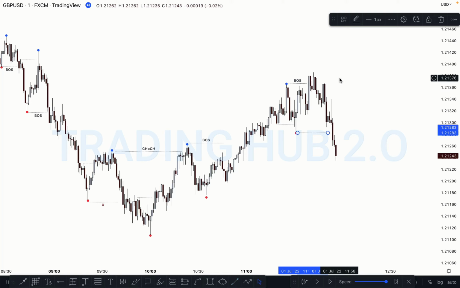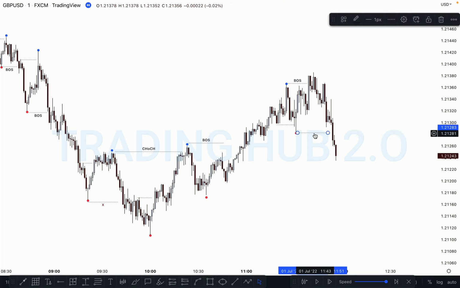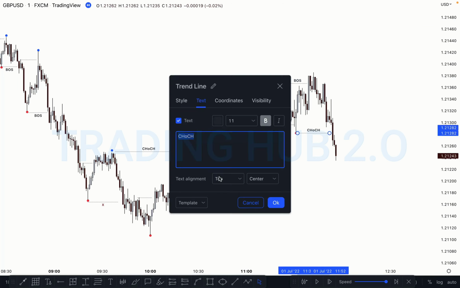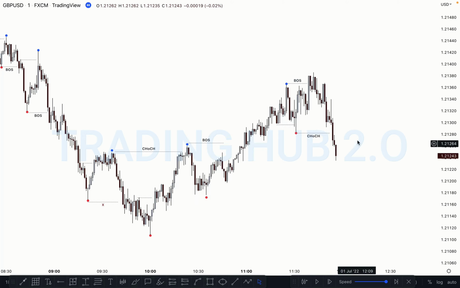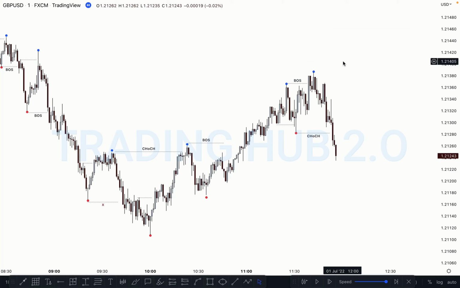The major low has been broken on the downside, so this one is called change of character, which is here, okay? And the high is here, correct? So this is a change of character and price is trying to go again on the downside.